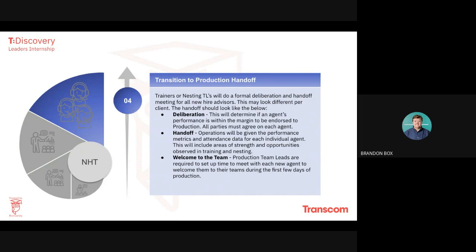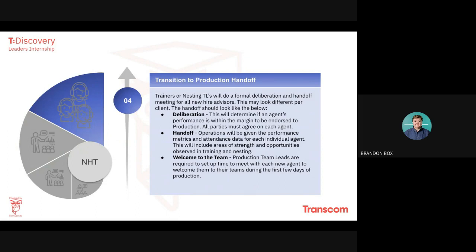And this is actually done between training and operations. So there will be parties, so team leads and operations managers from operations, and then from training, you may have the training manager, the training supervisor, or even the trainers themselves and nesting TLs.